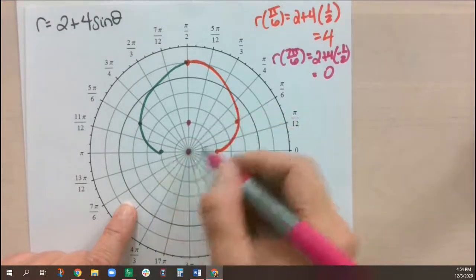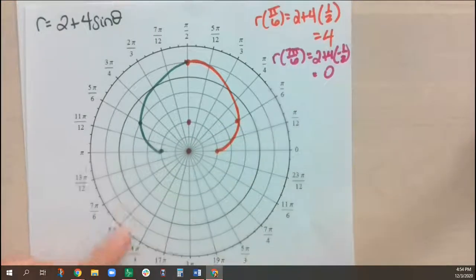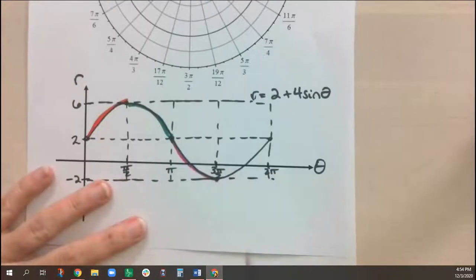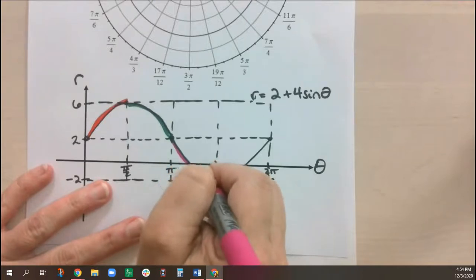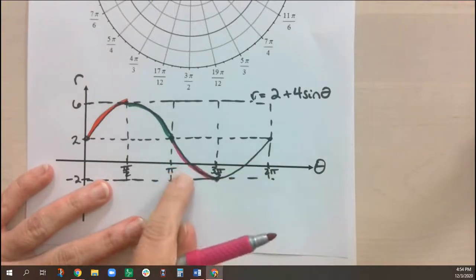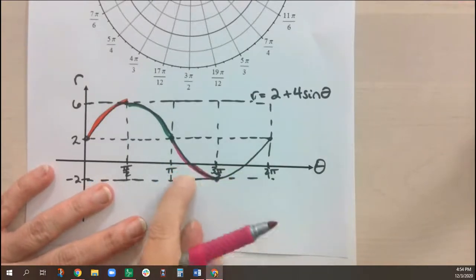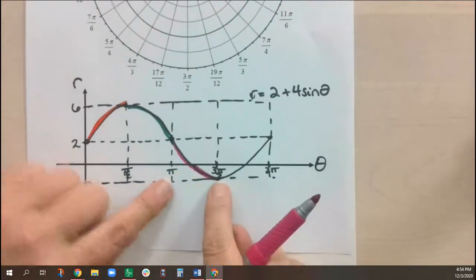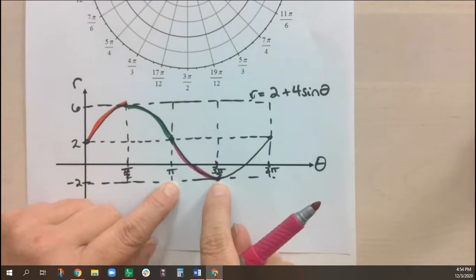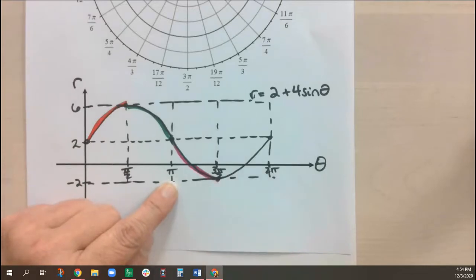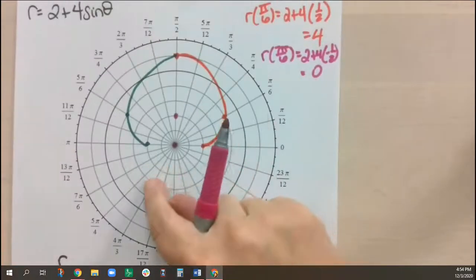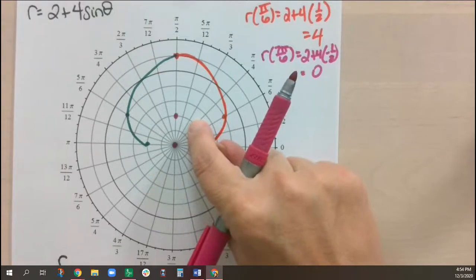So this is still kind of hard to imagine what this is going to look like. So let's think about this. This section of the graph right here, this whole time when our graph down here is negative, my radii are negative, my angles are in quadrant 3. So if my angle is in quadrant 3, but my radius is negative, where does that point end up getting plotted? Well, it's going to end up in the opposite quadrant over here in quadrant 4.